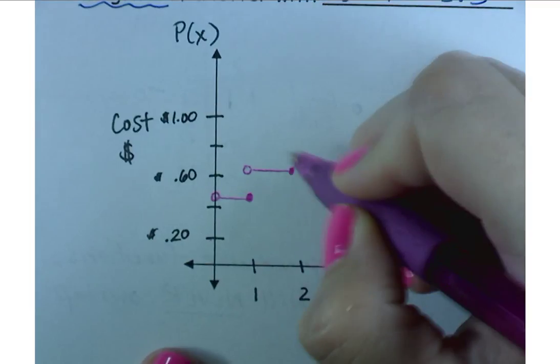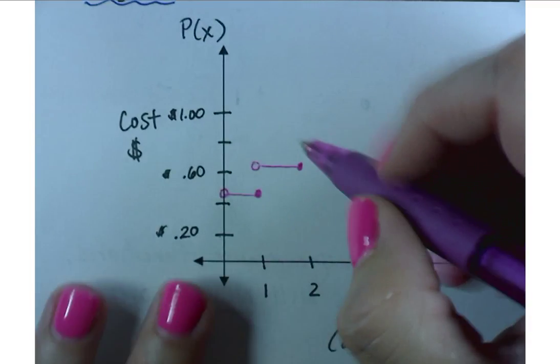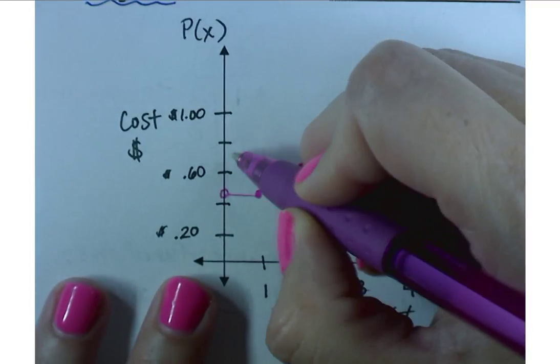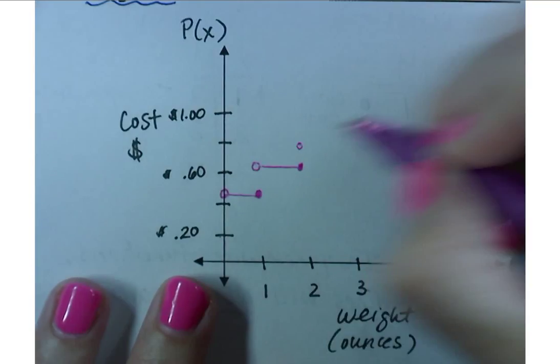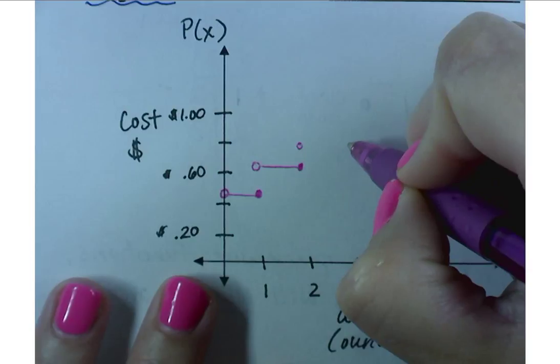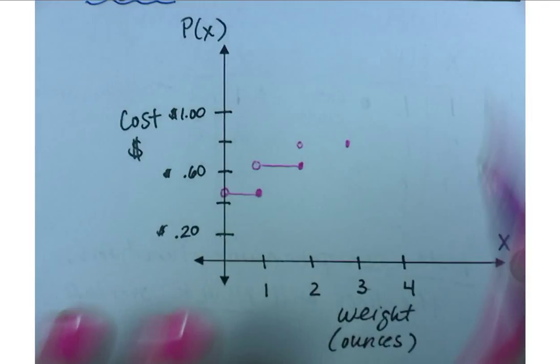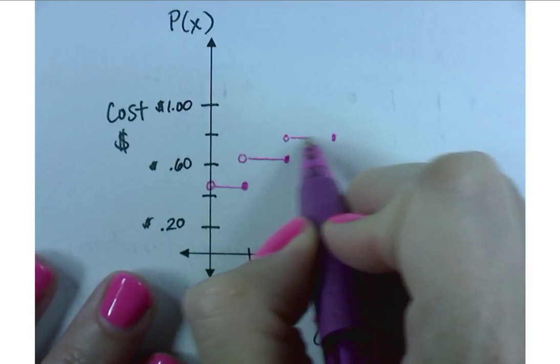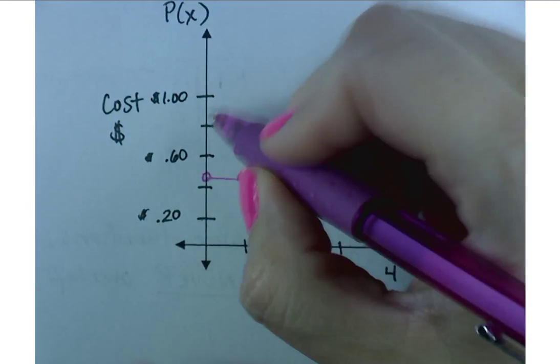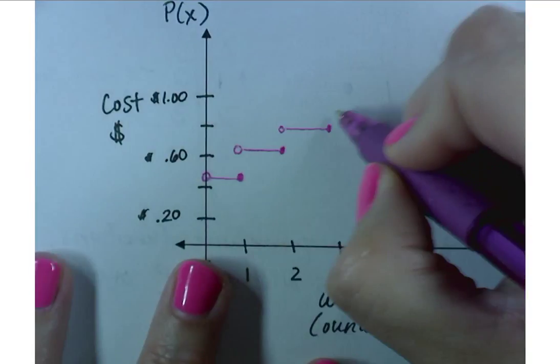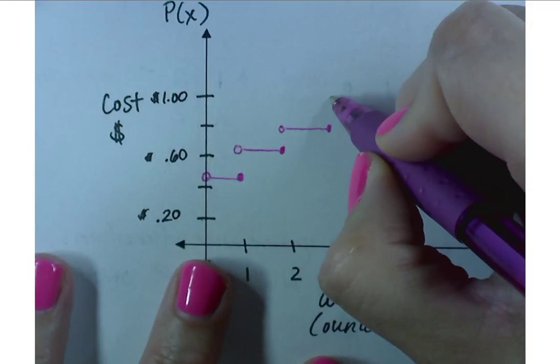At 2, it's an open circle. It's 78 cents. So if this is 80, this is going to be a little bit below 80. And then 3 will be a closed circle. And then my last one is 95 cents. So about halfway between 90 and 100 will be 95.